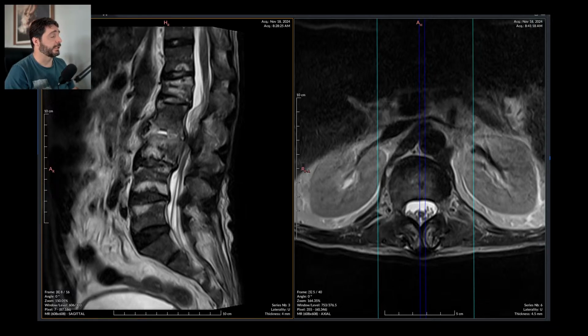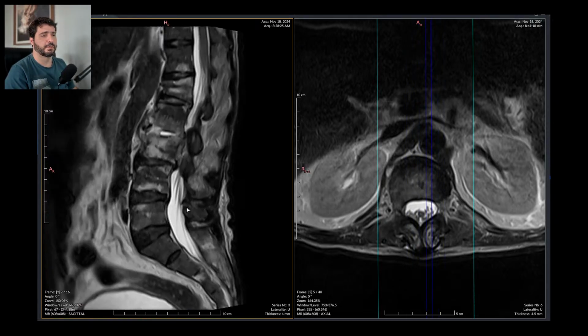I'm just going to add that we did a DWI sequence, a diffusion weighted sequence, right there. And we're going to report the osteophytes and the collapse of the L1 body.